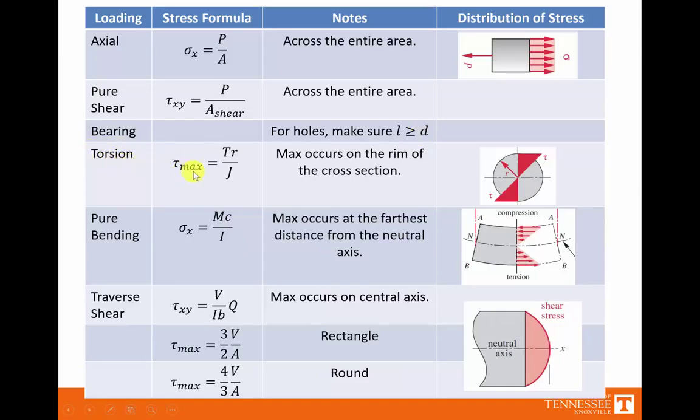For torsion, the maximum shear occurs on the rim of the part and follows the equation TR over J. For pure bending, the maximum occurs at the furthest distance from the neutral axis, in tension and in compression, and the formula is MC over I. For transverse shear, the maximum occurs again on the central axis, and the official formula is VQ over Ib, but for a rectangle it's 3V over 2A, and for a round it'll be 4V over 3A.